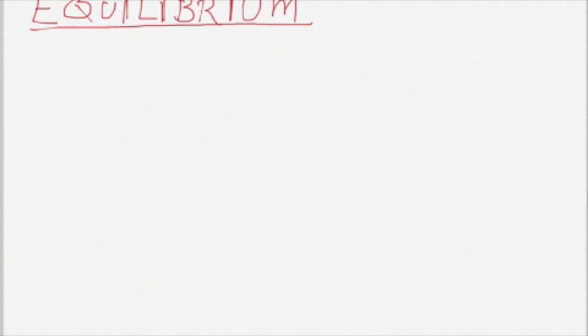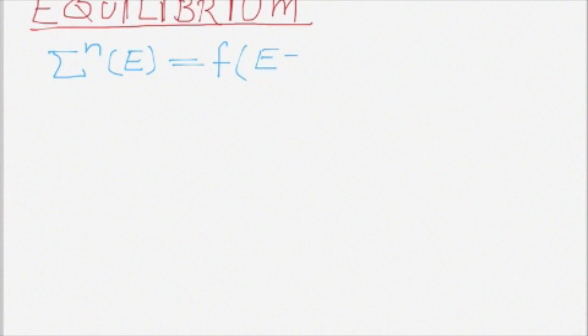In equilibrium, which for us just means that you only have a single Fermi level, the same everywhere, then you have these very nice relationships: sigma n of E is just equal to F, the Fermi function, times gamma of E. Both the sigmas and the Green functions have a very parallel relationship.